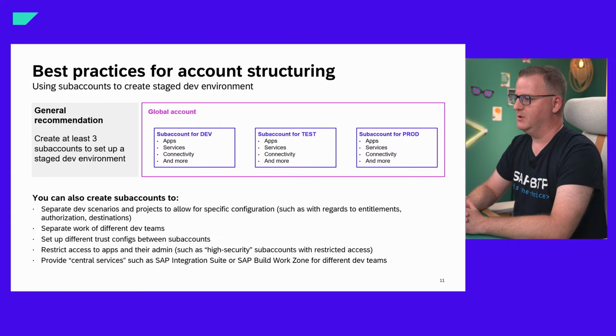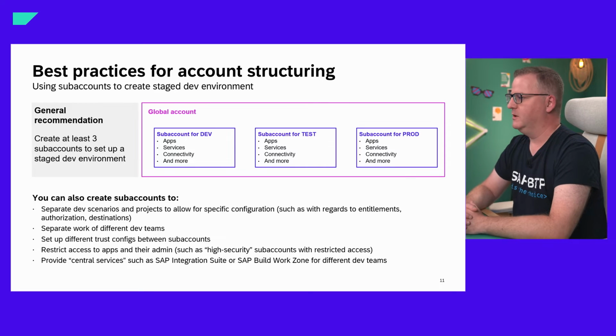You can also use sub-accounts to separate content between different development teams or different departments, or to separate high security scenarios, which really need access to sensitive systems, to your core systems, from more widely used and widely accessed sub-accounts, which are not touching your critical backend systems.